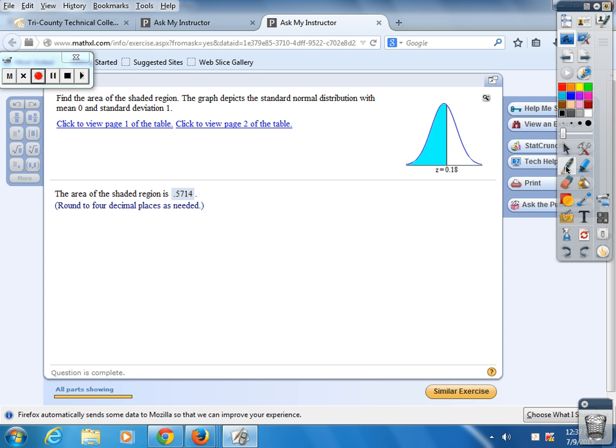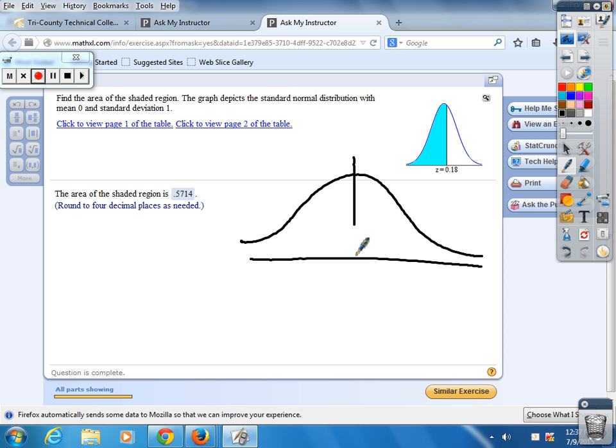So, all of 6.2 have a mean of 0 and a standard deviation of what? 1. So basically the z-score. And they're giving you a z-score of 0.18.